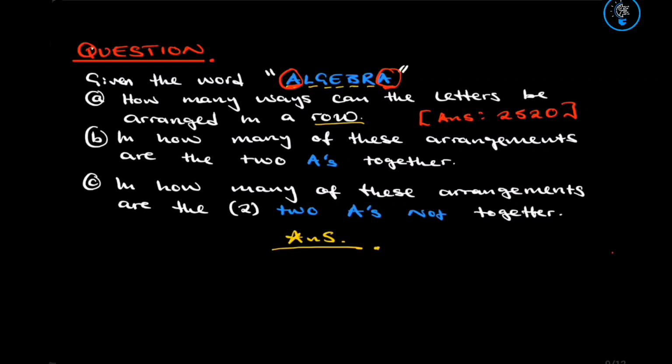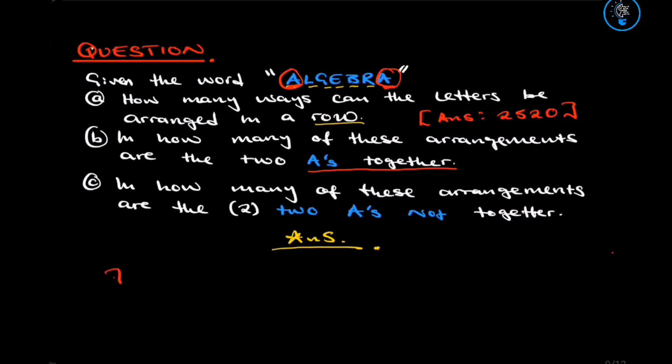Two A's together. So since the question says two A's together, we are going to consider the group or the set that is consisting of A's as one element. Let me repeat again. Since the two A's have to be considered together, we are going to combine them and count it as one element or one item.